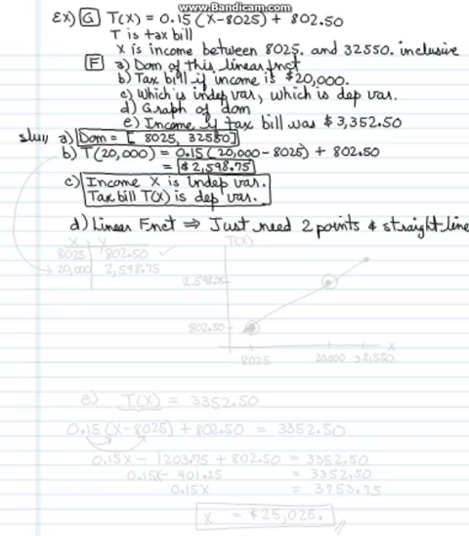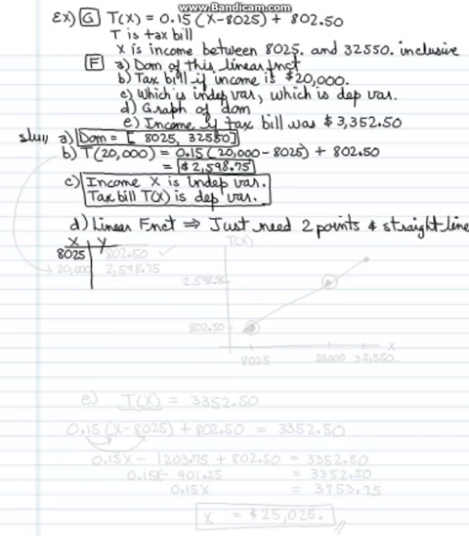Okay, let's do it. Let's come up with X and Y ordered pairs. Well, we already figured one out. We can figure the first one out first. Let's take 8025. That's the smallest value X can be.